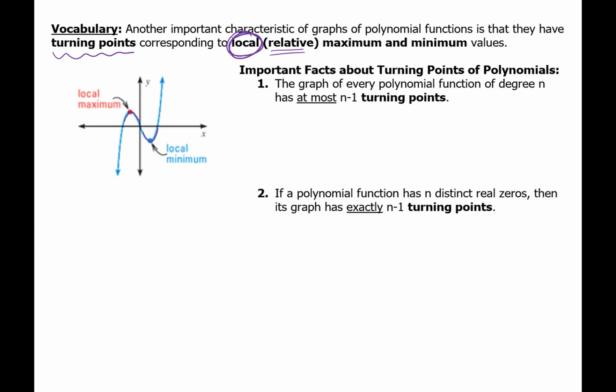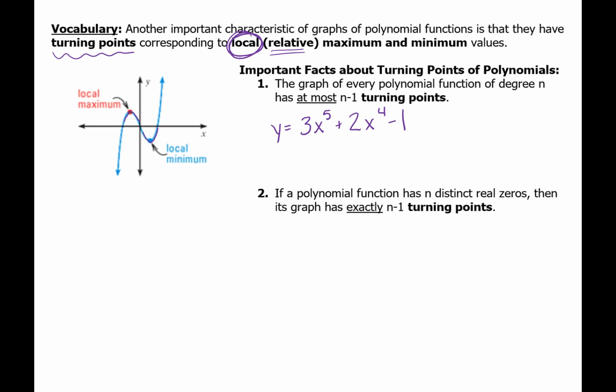So the reason that this vocabulary matters is because there are a couple of facts about turning points in polynomials. The first fact is that the graph of every polynomial function of degree n has at most n minus 1 turning points. So think about that for a second. Let me just give you a random polynomial here.